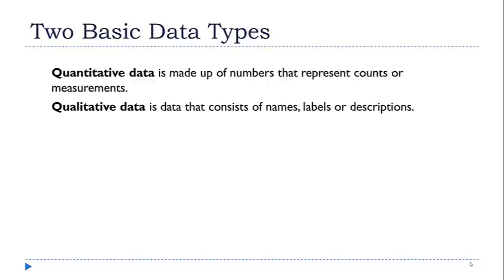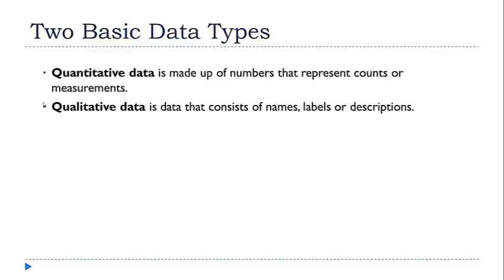Now that we've seen some specific examples of variables, I want to talk about the ways that variables are classified and why those classifications are important. At the highest level, variables are broken up into two categories, quantitative and qualitative.